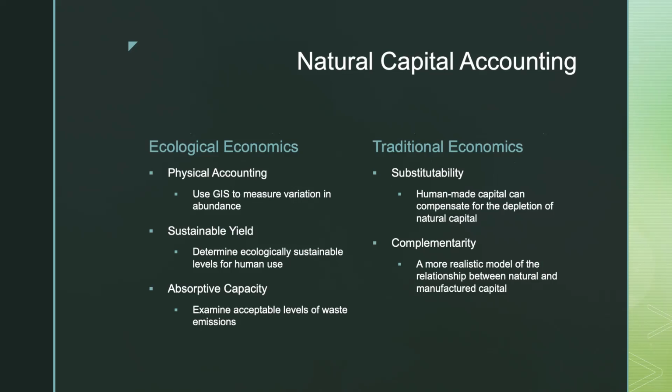The first is physical accounting. This is where we use satellite imagery and then geographic information systems to actually map out the physical space and physical abundance or availability of resources. And then we can use those measurements over time to look at the variation in abundance and to measure degradation and depletion.